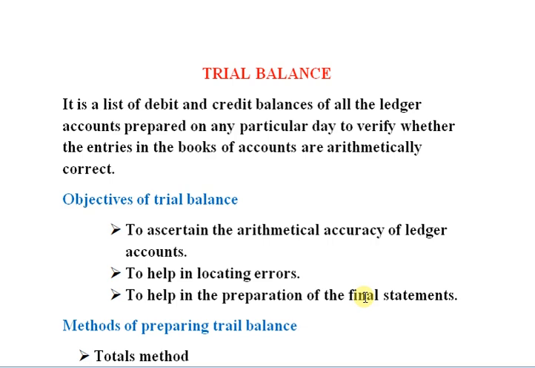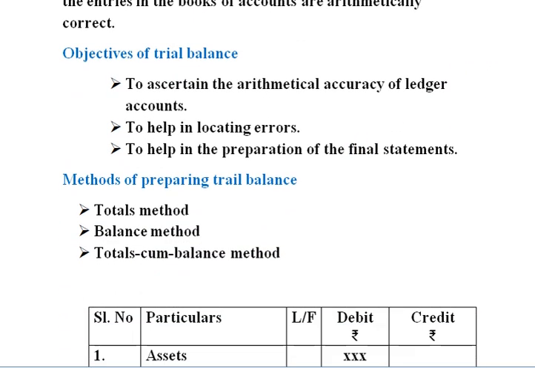In this accounting cycle, after the trial balance comes the final step called final accounts. To do the final accounts, this trial balance is very important. There are three methods of preparing a trial balance: total method, balance method, and total cum balance method. Our PU board syllabus uses the balance method.